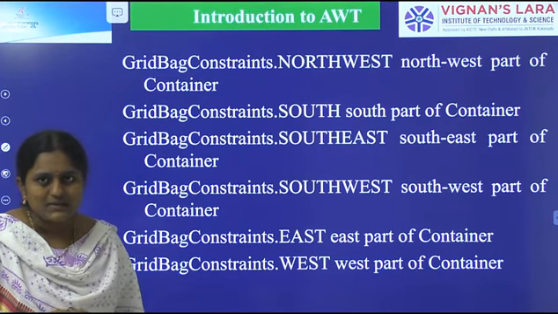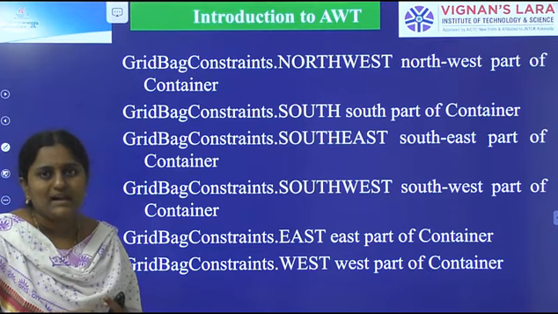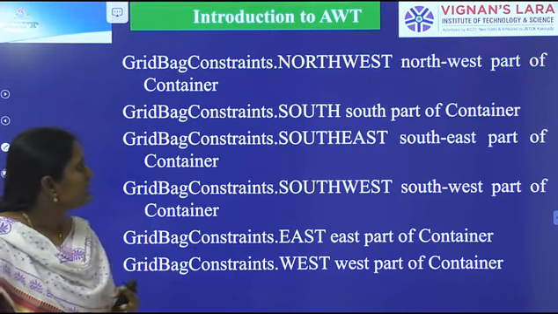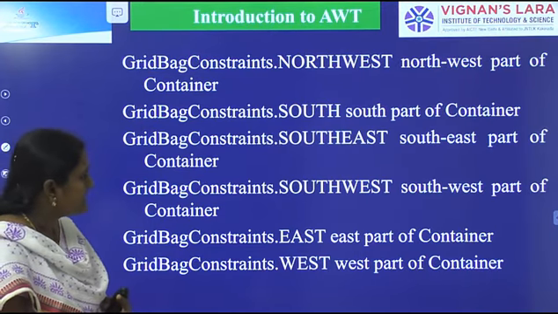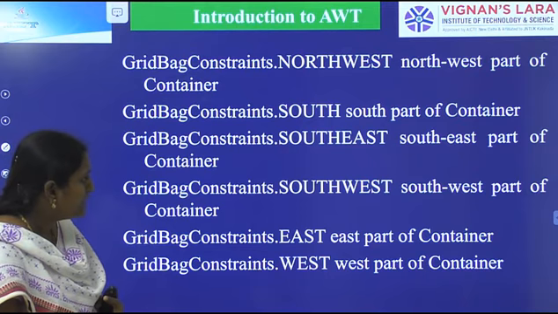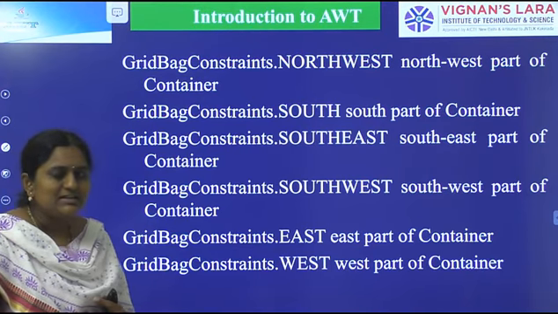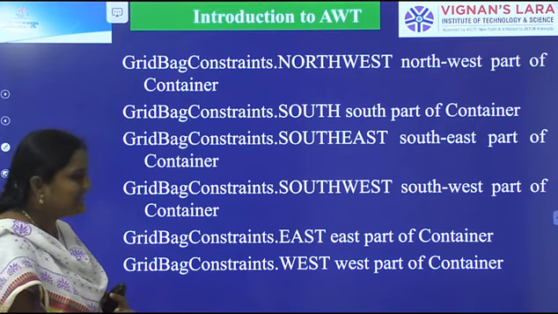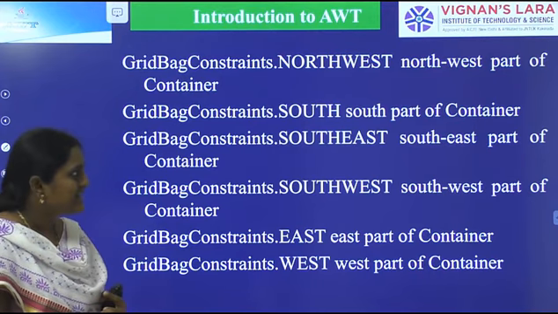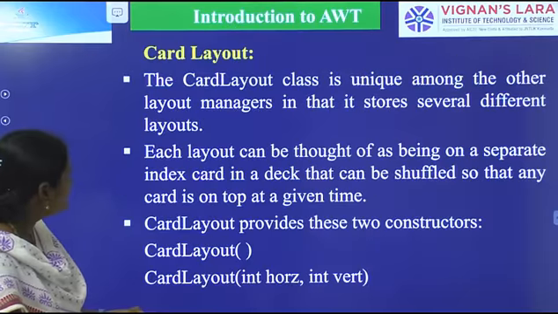These constraints will help us put one component in a particular place, particular area. These are the anchor positions: north, west, south, southeast, southwest, east, west. Simply we can say these positions are GridBagConstraints.